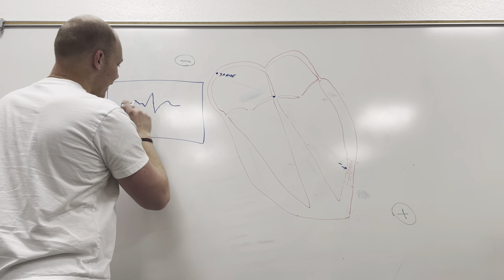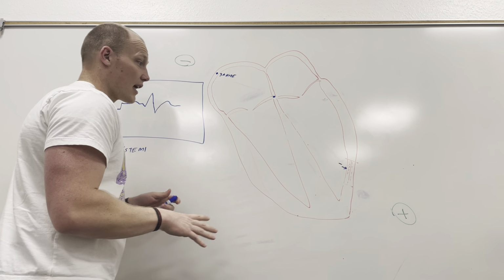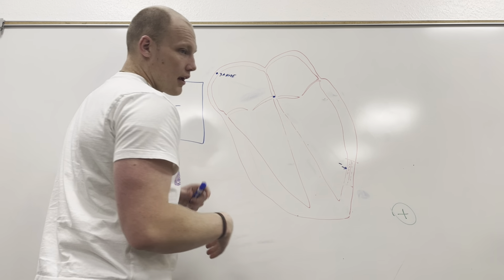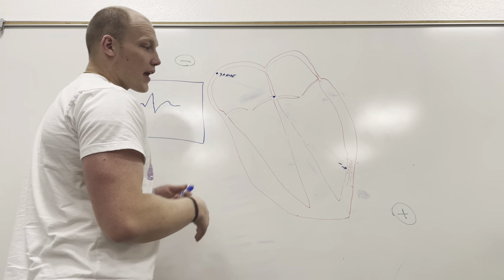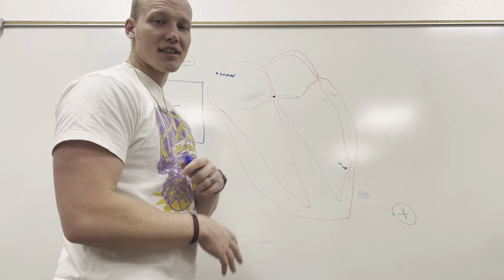So this is NSTEMI, non-ST elevated myocardial infarction. This shows us that there is a portion of the ventricle wall that is damaged. It's hypoxic. It's not getting the oxygen necessary to repolarize.